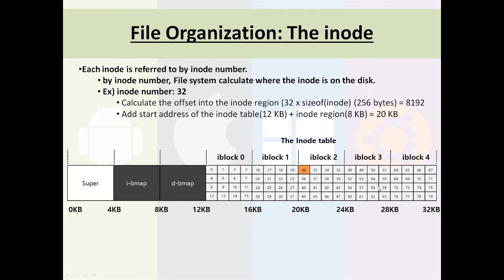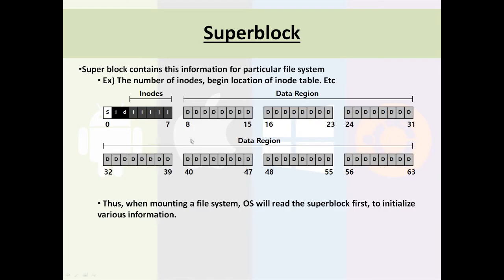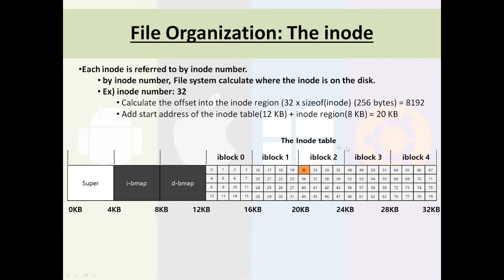It therefore consists of 80 inodes, assuming 256 bytes per inode, which we got from the previous couple of slides. Another way you can get it is through a simple division: 20 kilobytes divided by 256. How much does that give you? It should be 80. Let me just check quickly. Yep, that's exactly what it is.